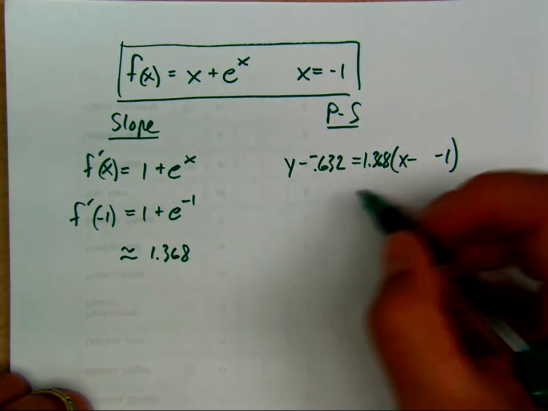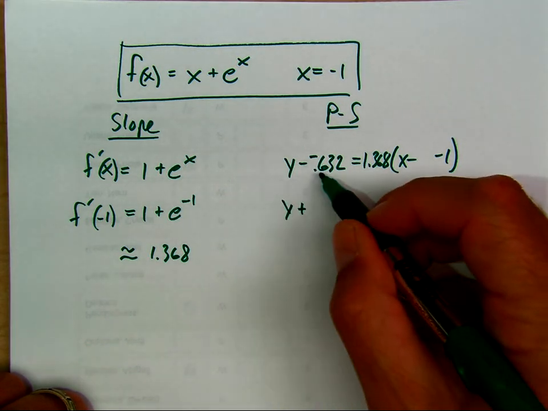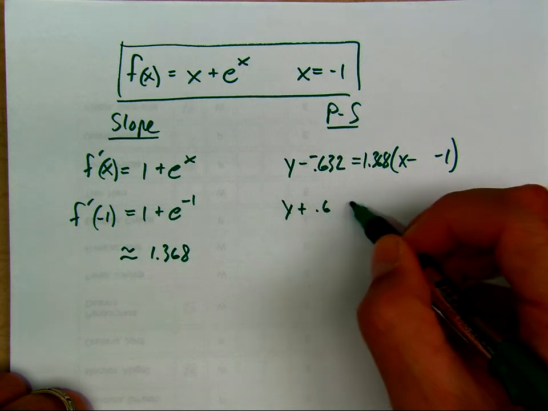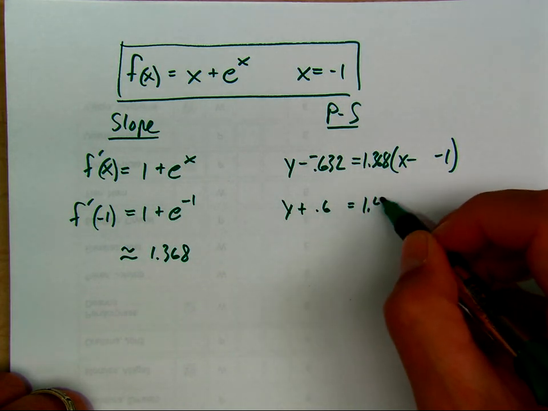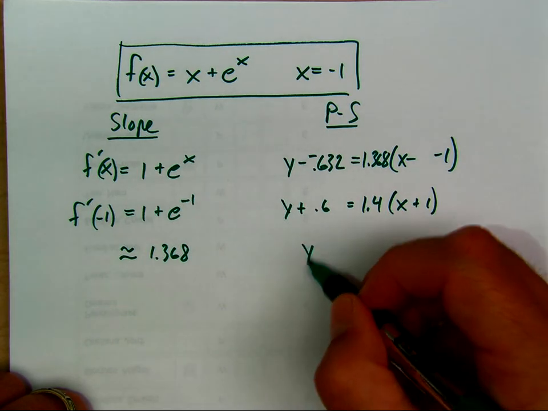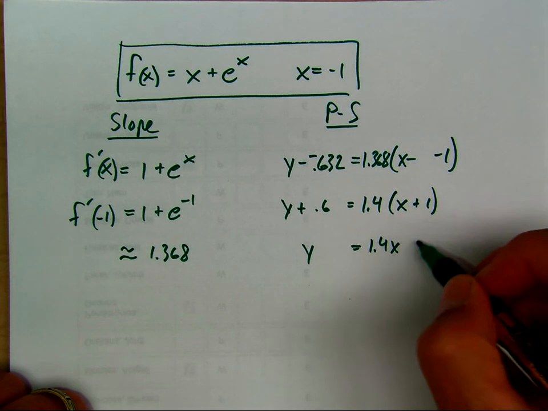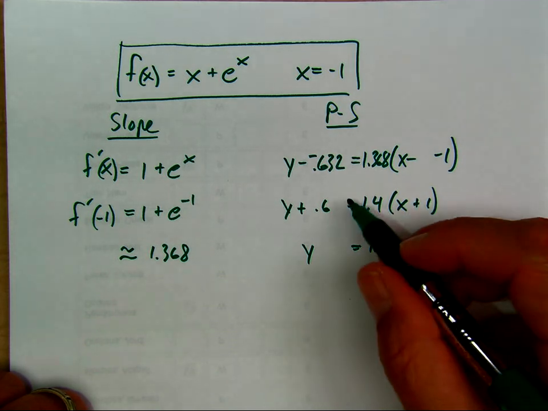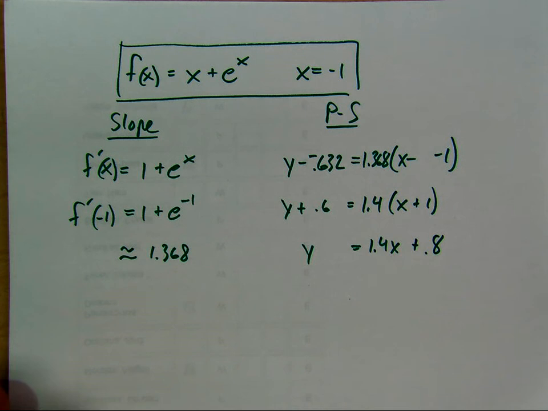And I guess let's just round it, that'll be 0.6 and 1.4. So we'll distribute 1.4x, that'll be a 1.4 minus 0.6, and we get 0.8. And we'll stop there.